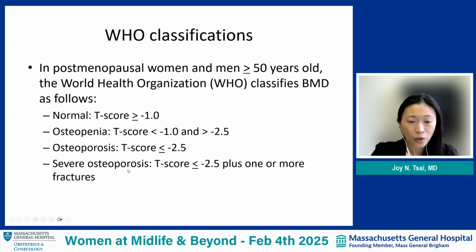Lastly here, it's not a different category, but just to let you know in terms of severity, if a patient is diagnosed with osteoporosis, oftentimes they'll ask, well, how bad is it? A generally accepted definition of severe osteoporosis is a T-score of negative 2.5 or less, plus one or more fractures. I think of a broken bone as really that kind of red flag, a signal of your bones saying, hey, the bones are a little bit more fragile than we would like them to be.